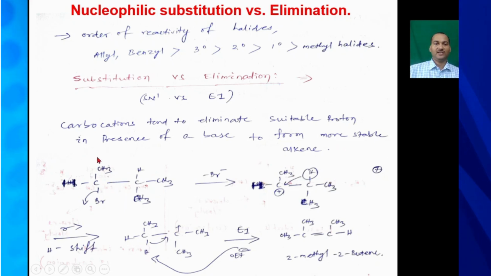Here you can see the example. Br goes as Br minus, so you generate this carbocation. Here a hydride transfer takes place, giving rise to a more stable tertiary carbocation. In the E1 mechanism, ethoxide takes this proton and this bond moves here. As a result you get a more stable alkene.